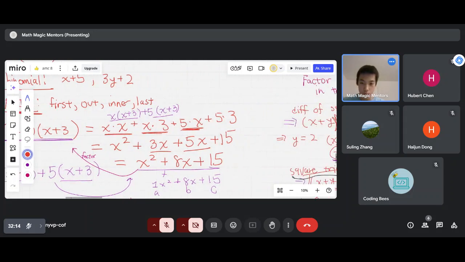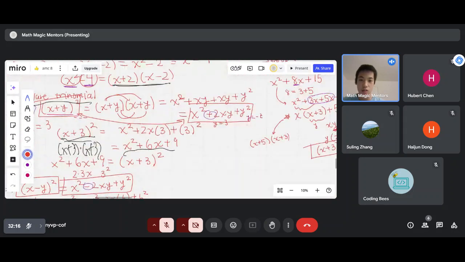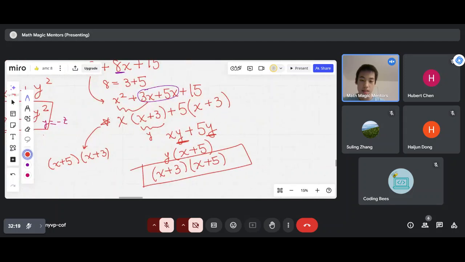So you can see how that connects back to this example. When we wrote 8x as the sum of 3x and 5x, we can find a common factor of x plus 3 in the first two terms and the last two terms, and you can factor that out. And it's basically reversing the distribution of the two binomials. That's essentially what factoring is all about.